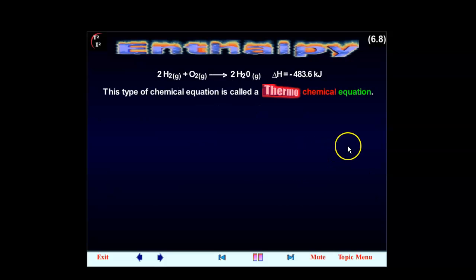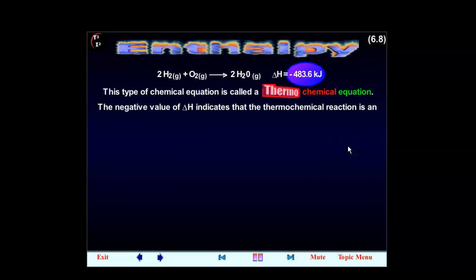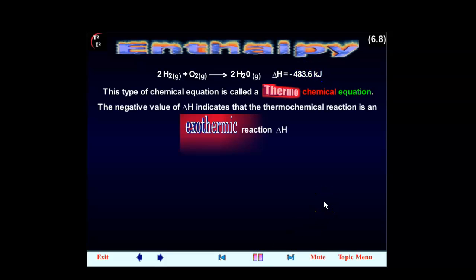thermochemical equation. The negative value of delta H indicates that the thermochemical reaction is an exothermic reaction. Delta H equals negative value, or delta H less than 0.